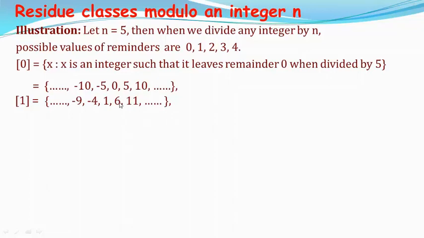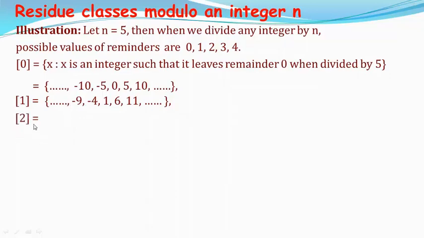For example here, if we divide the integer 6 by 5, then the remainder is 1. If we divide the integer 11 by 5, then also the remainder is 1. If we divide the integer minus 9 by 5, then also the remainder is 1. So this is the residue class of 1.